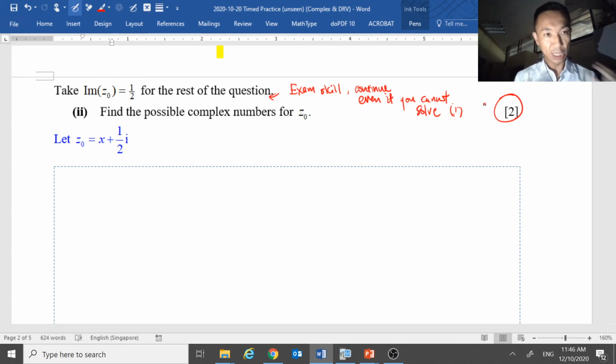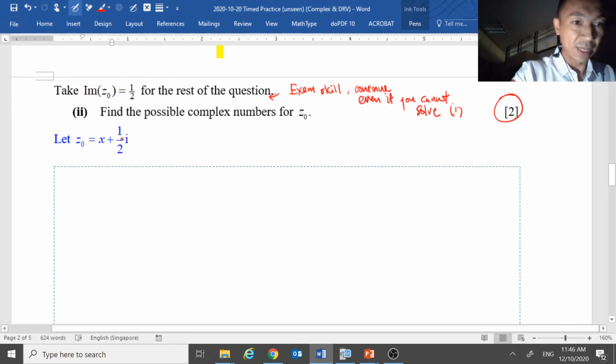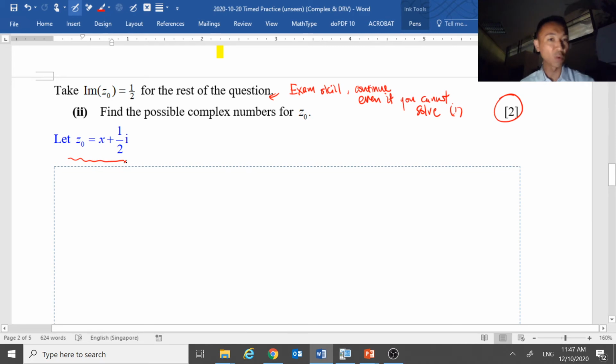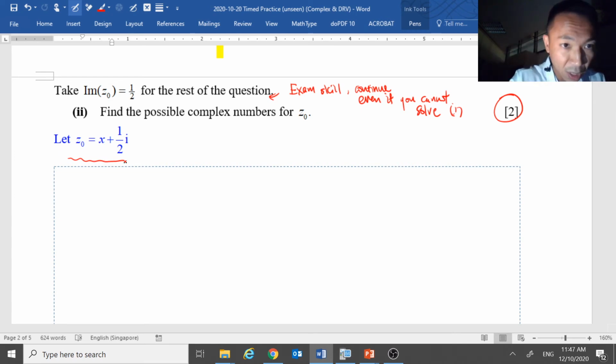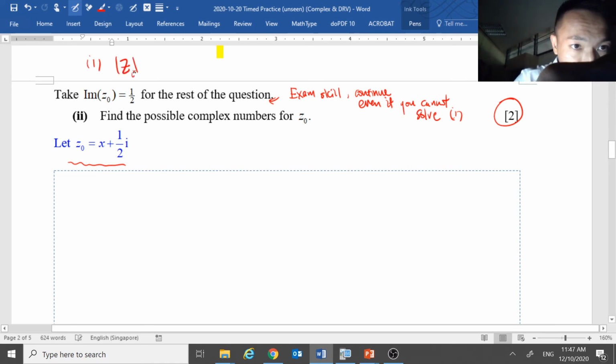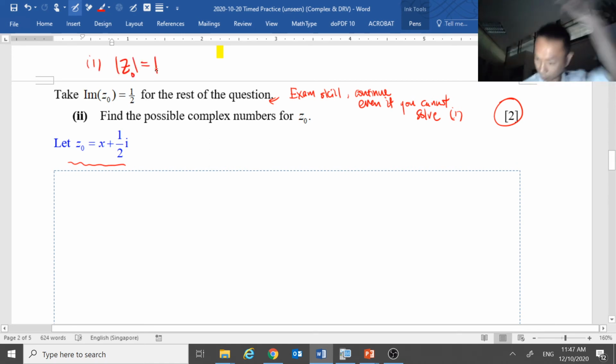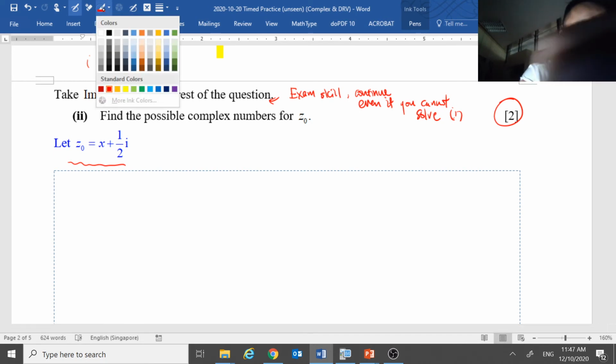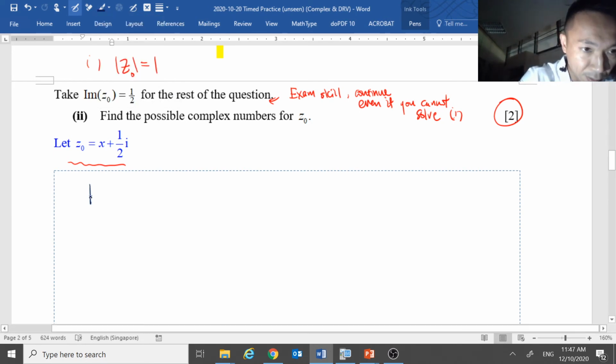So, imaginary part is half, we can rewrite Z0 as x plus half i. Then you want to find the possible complex numbers for Z0. You are further given earlier in part 1 that mod of Z0 equals to 1. So can we then safely say that mod of x plus half i equals to 1?